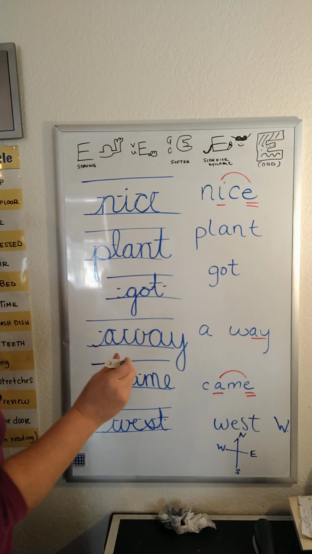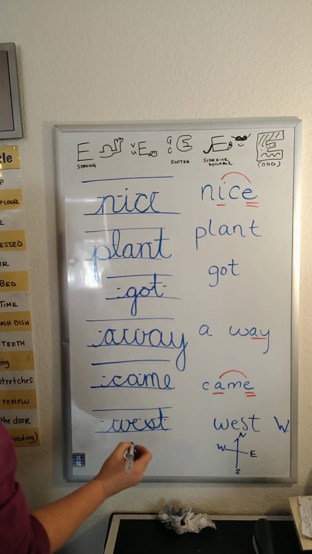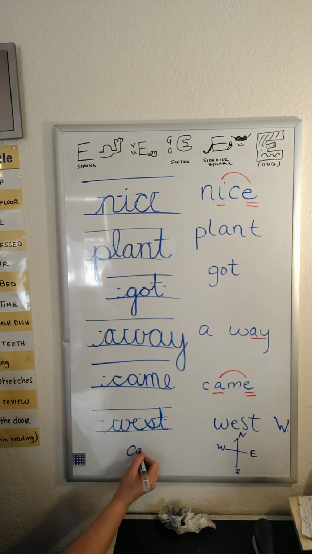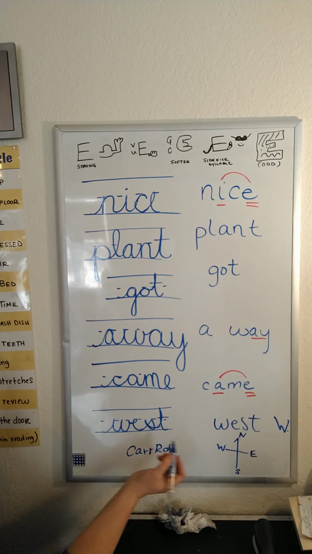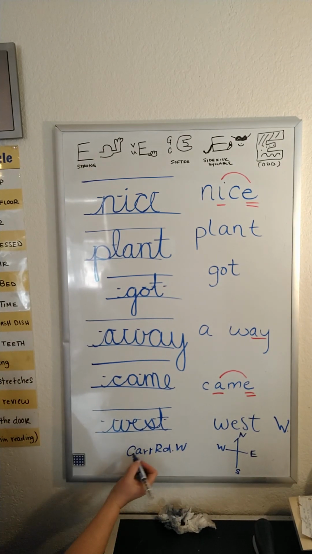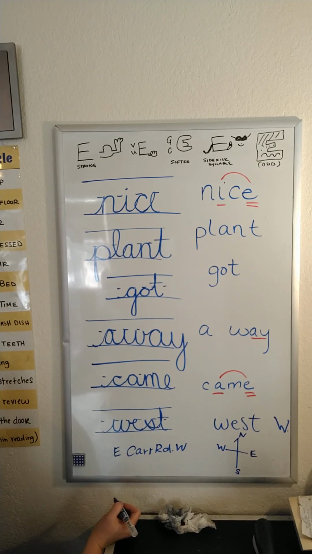So if you're driving, let's say you're driving down Car Road. Sometimes you can say Car Road West, or you could say East Car Road, right? Because if a road is super long, they will break it down.